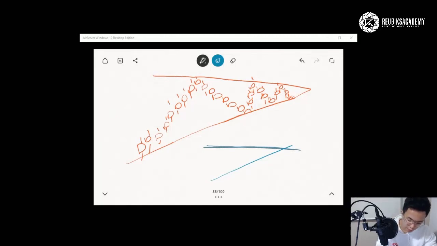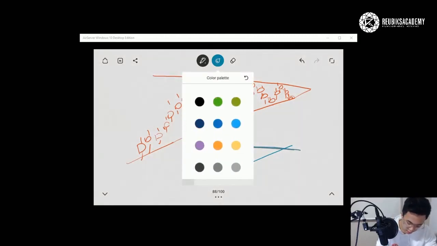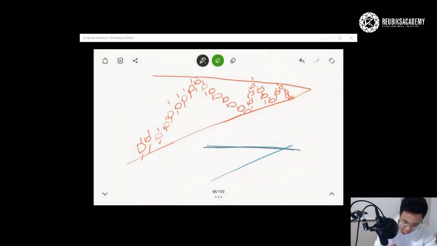This one we call an ascending triangle, because it's ascending upwards. One is descending, one is ascending. Okay, we call it an ascending triangle. Alright, so that is the three combinations that you have: a resistance with a trend line, a support with a trend line, and two trend lines. Okay, simple.